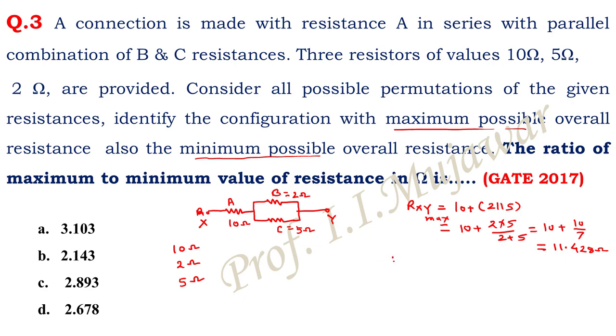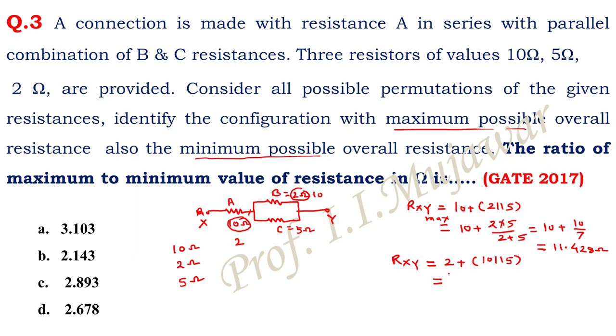Now in order to calculate the minimum value, since again this connection is series, for minimum here I should take the minimum value, that is 2, whereas here I can take the value 10 and 5. Are you getting this? That means since I need Rxy minimum, the series resistance should be minimum. So the calculation is 2 plus 10 parallel 5.